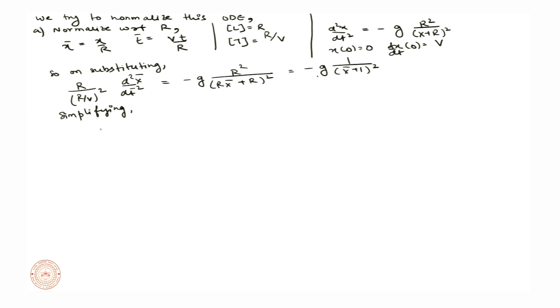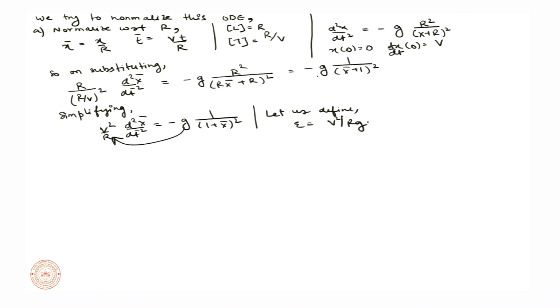We will have v square by r d square x bar by dt bar square equals to minus g over 1 plus x bar whole square. We can bring this g to the left hand side and make this term epsilon. So, let us define epsilon equals to v square over rg. What is epsilon?